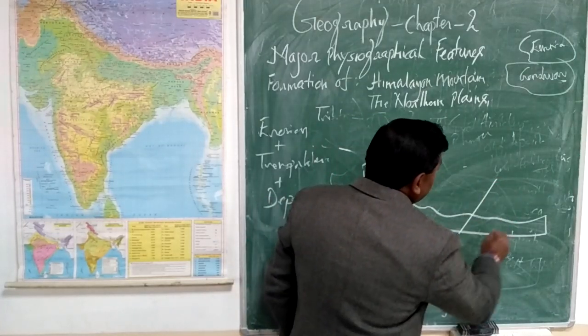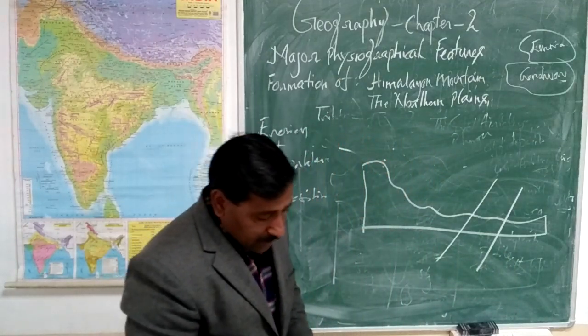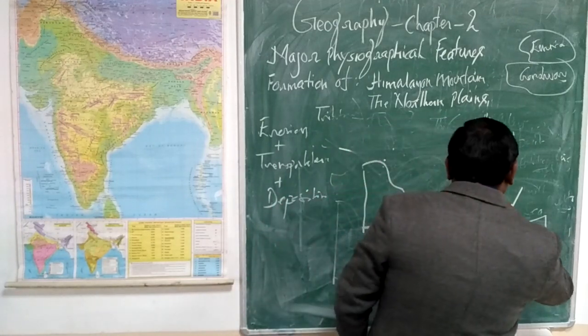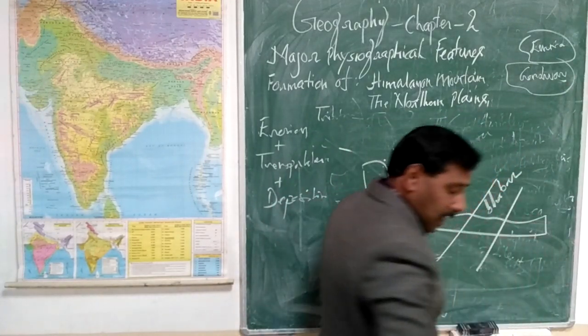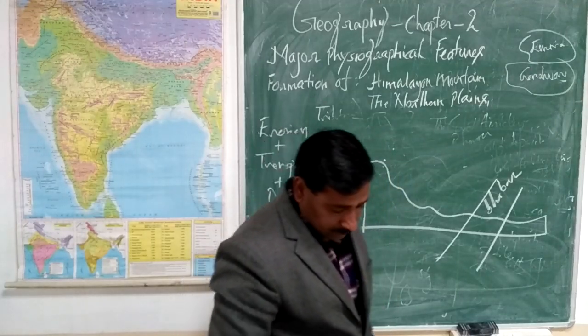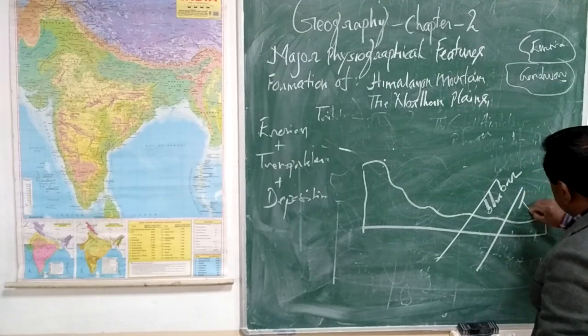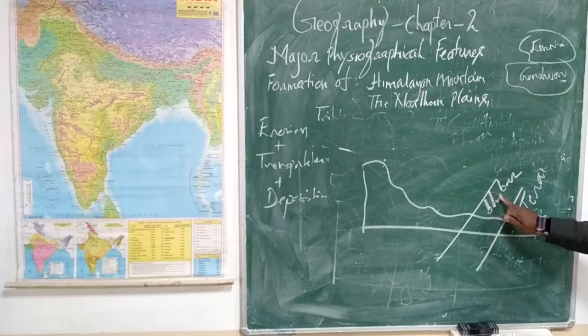Now these plains can further be divided into parts. One very important part is your bhabar, and another important part is your tarai. Bhabar belt and tarai belt.